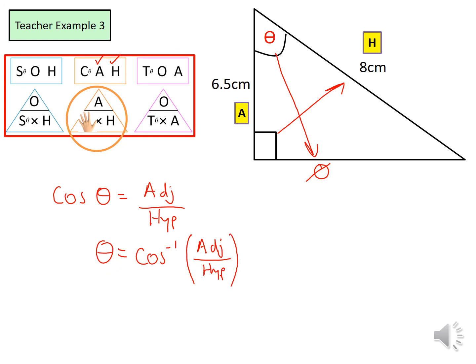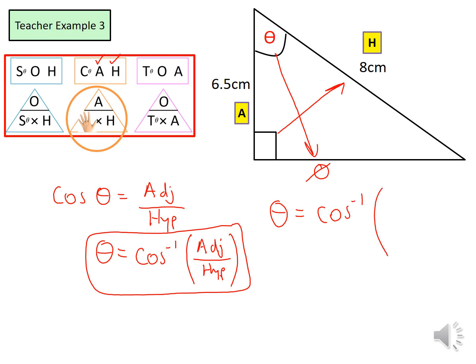Now you can substitute into this formula and you will get angle equals cos minus 1 of the adjacent length, which is 6.5, over the hypotenuse, 8. You put that into your calculator, and your angle should be 35.7 degrees to 1 decimal place.